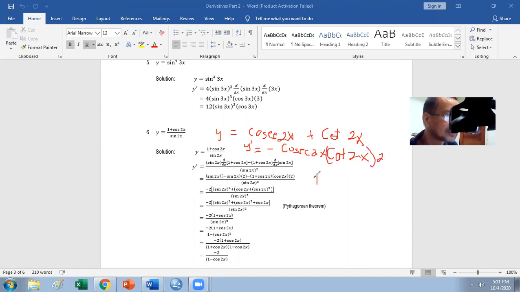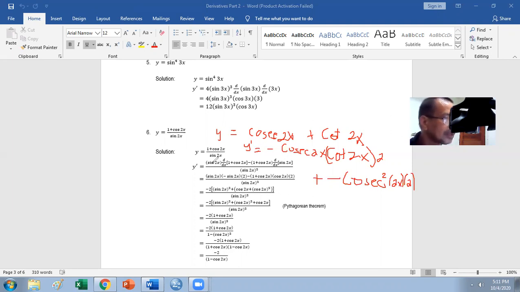And then plus the derivative of cotangent 2x is equal to negative cosecant squared 2x times the derivative of 2x, which is times 2. Okay, this is another answer. So I will just leave it to you to simplify this.